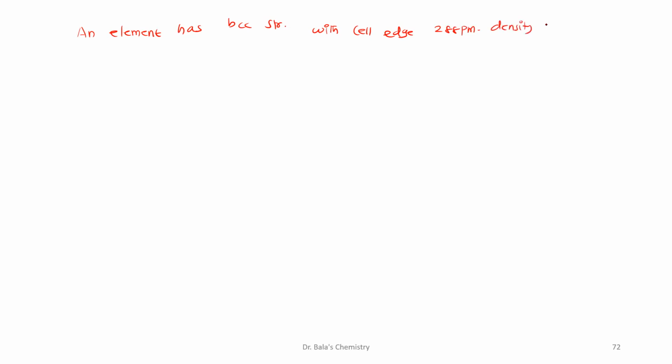The density of the element is 7.2 gram per centimeter cube. How many atoms are present in 208 gram of the element? They have given the mass of the element, so we have to calculate how many atoms are present for this particular mass.